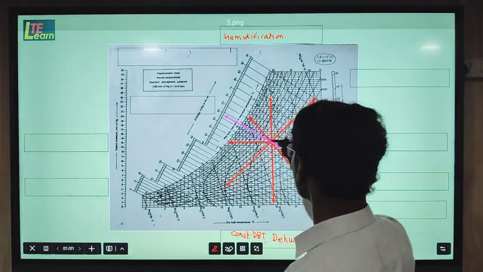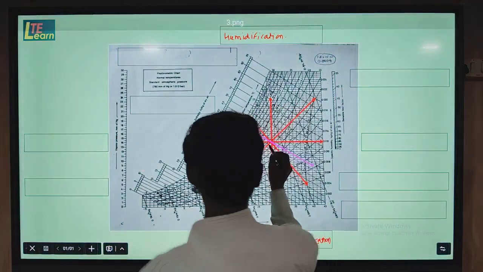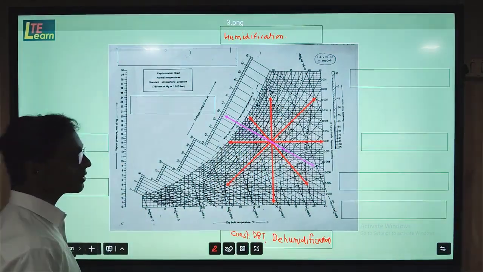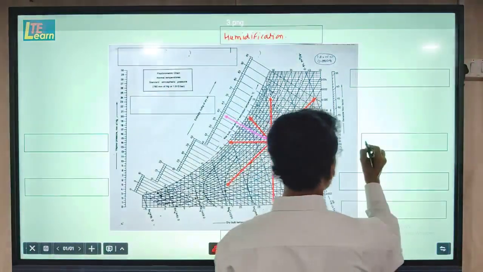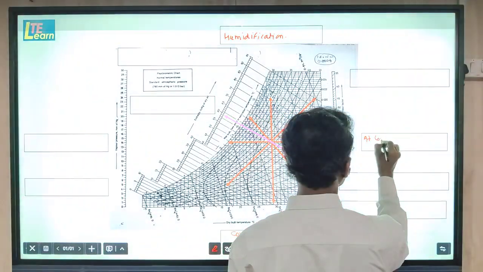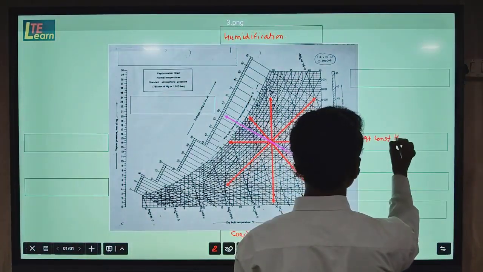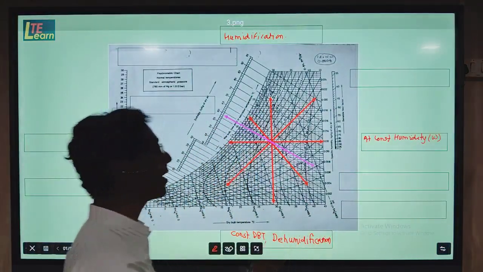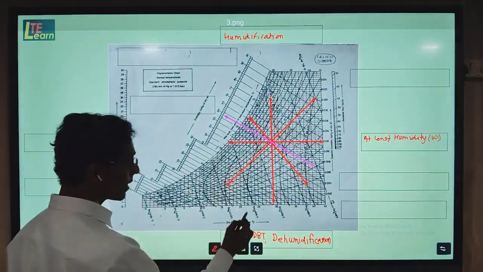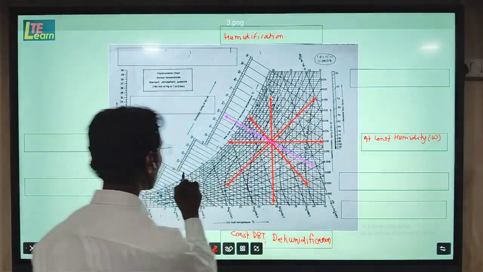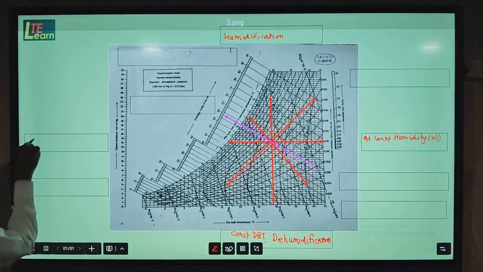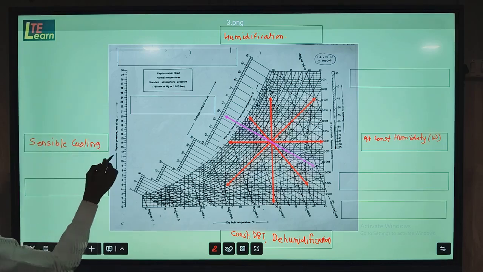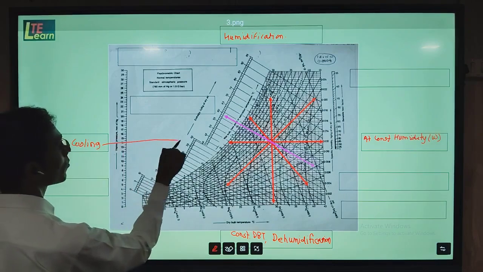Now we will see the horizontal process. In the horizontal process, if you go from this point to the left side, the value of dry bulb temperature is decreasing, but at constant specific humidity, without changing the value of W. When the process is carried out, there are two cases. On the left side, a decrease in the dry bulb temperature is the sensible cooling process.